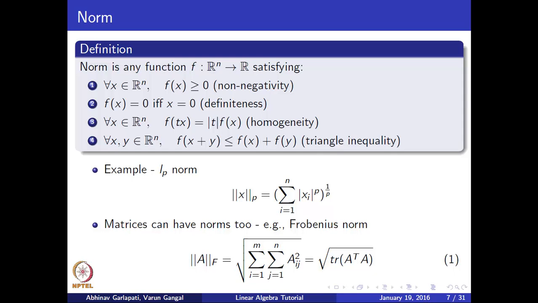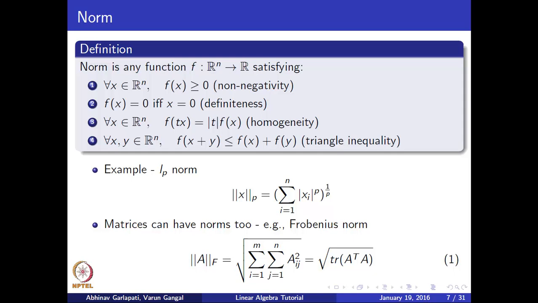And fourth, if we take any pair of vectors in our vector space, which is R^n, the norm of the sum of these 2 vectors should be less than or equal to the sum of their norms, which is also known as the triangle inequality. So this is in some way related to the fact that the third side of a triangle should always be less than the sum of the other 2 sides.